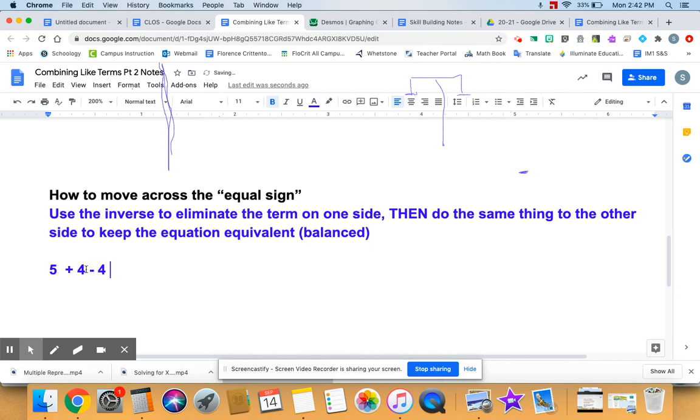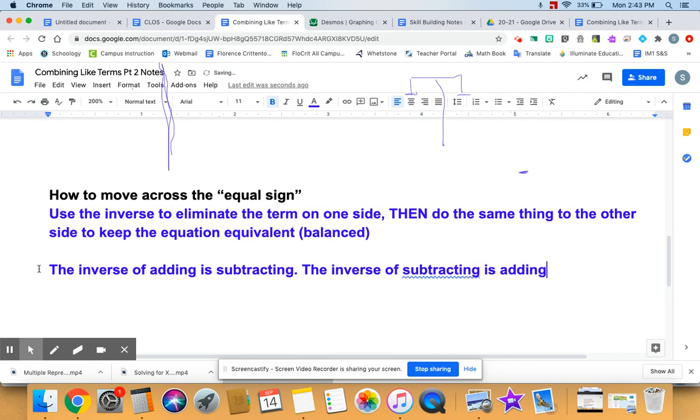Subtracting. So if I add 4, but then I give it away, I'm still at $5. So the inverse of adding is subtracting. And vice versa, the inverse of subtracting is adding. So adding and subtracting undo each other.